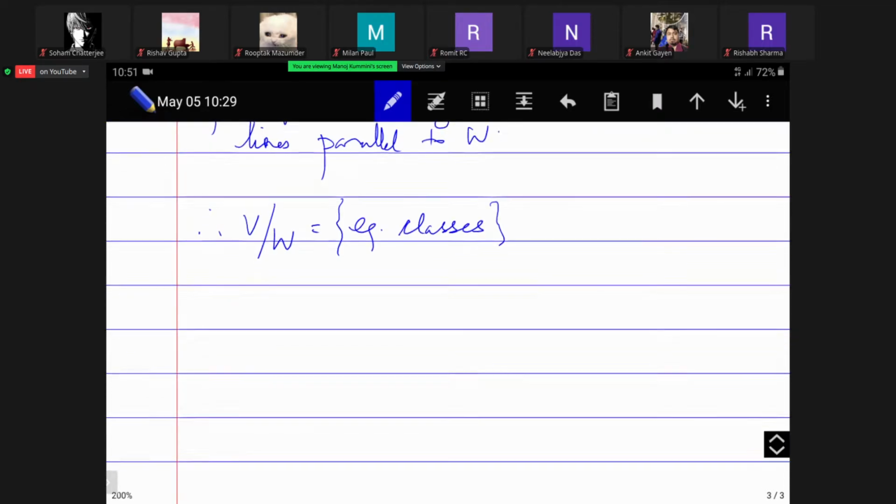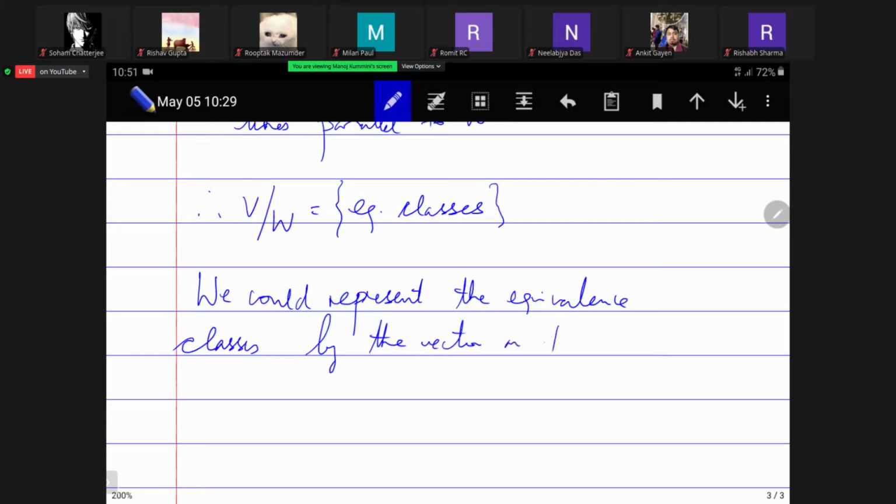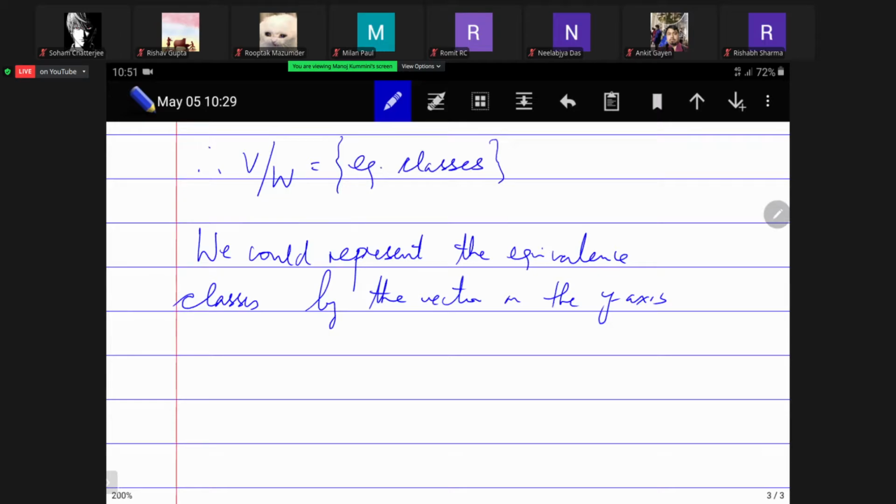We could represent each equivalence class by the vector on the y-axis contained in the class.